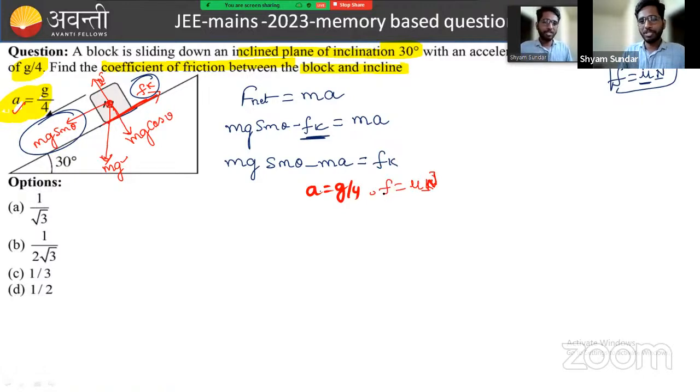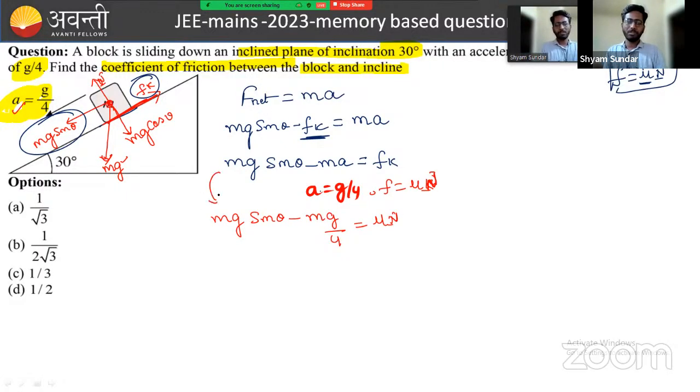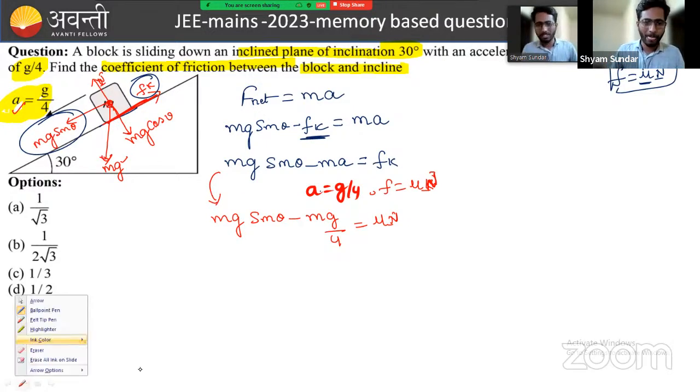Now, substitute these two values in the above equation. Hence, we'll get mg sin theta minus m into g by 4 is equal to mu into n. This is the new equation we obtain by putting these terms in that equation.